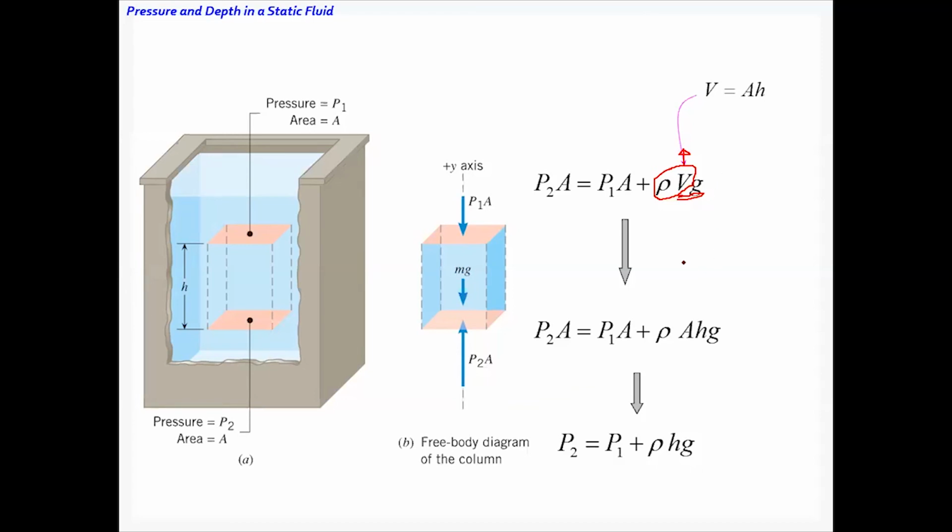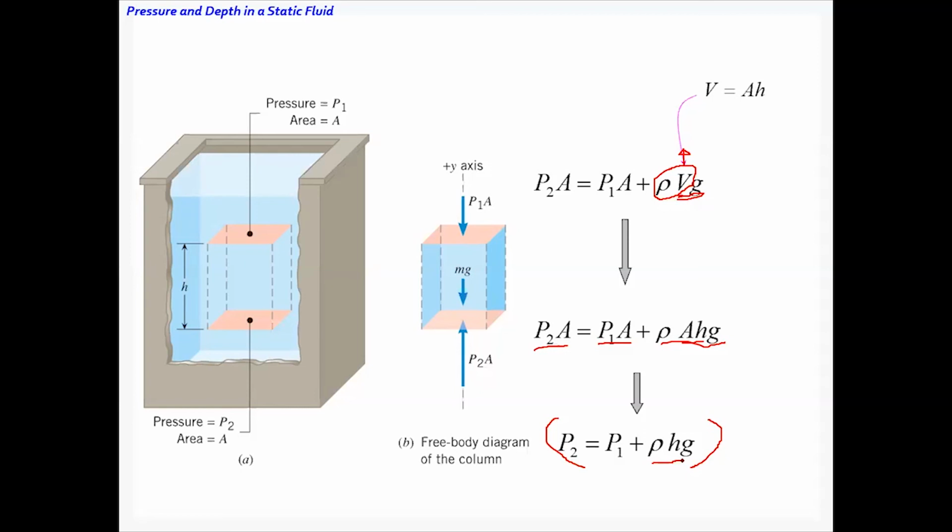So I replaced the volume by area times height. Does it make sense? So what happens if you divide everything by A, left and right-hand side? All the A's cancel out. Exactly, you get P2 equals P1 plus rho h g.